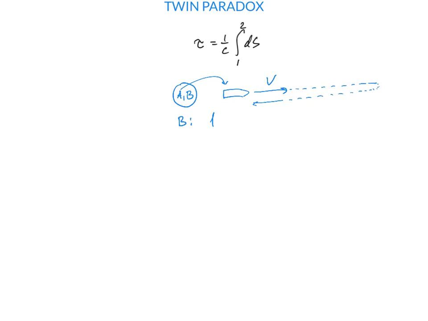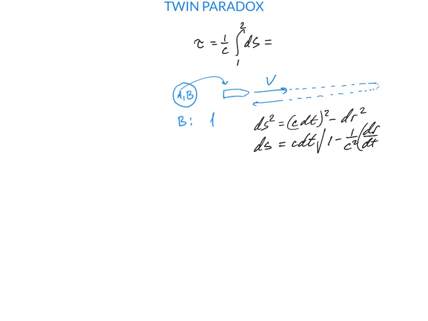So tau is equal to 1 over c integral over ds. So if we substitute the expression for ds, remember ds squared is c dt squared minus dr squared, then we can write ds as c dt square root 1 minus 1 over c squared dr by dt squared.